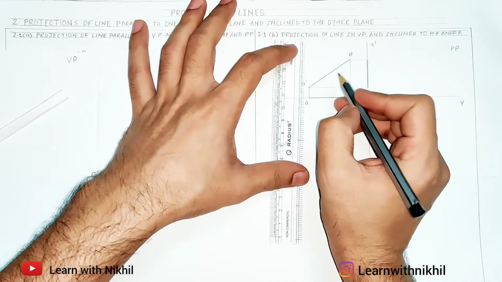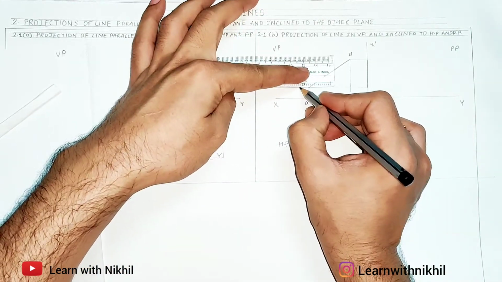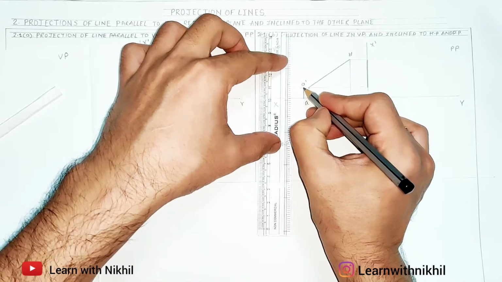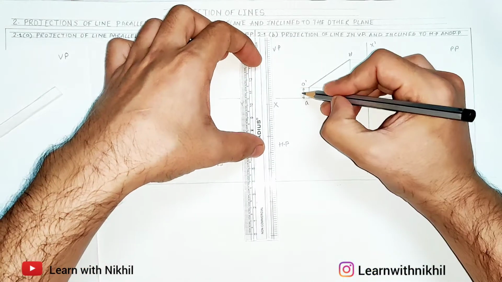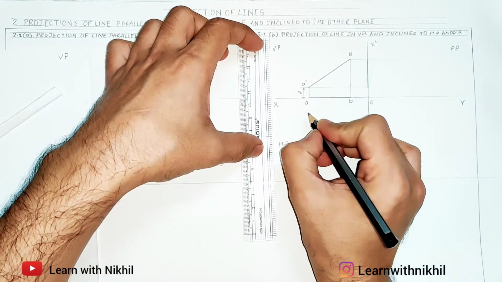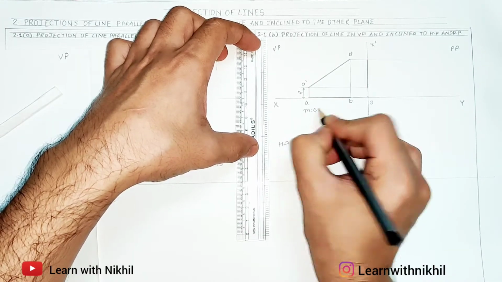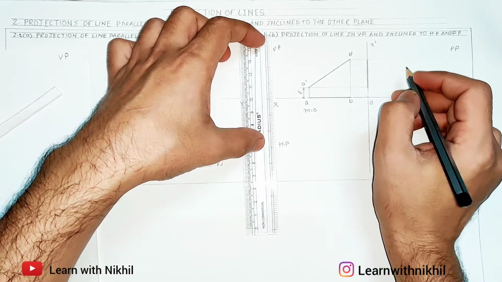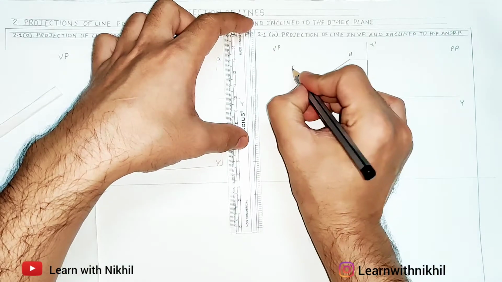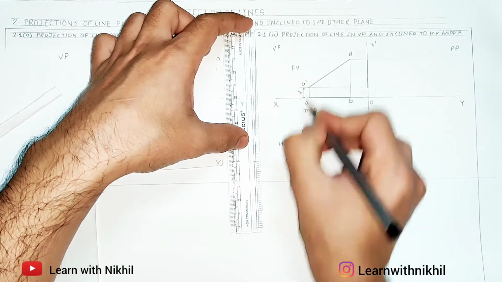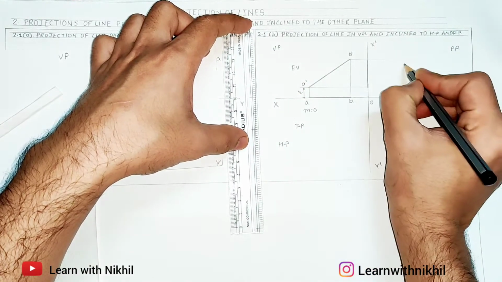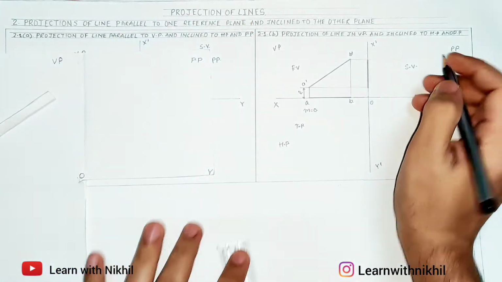Now this distance above the horizontal plane, as we know, we'll mark it as L. The distance in front of vertical plane will be 0, that is M will be 0. This is front view, this is top view, and this is the side view.